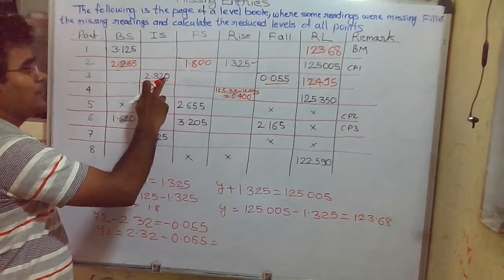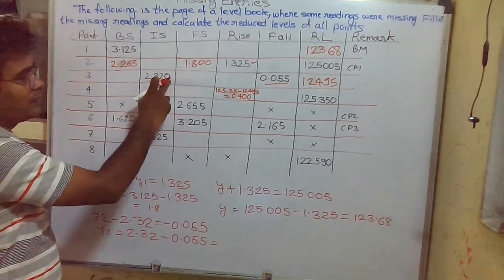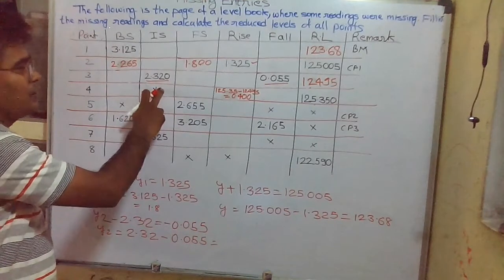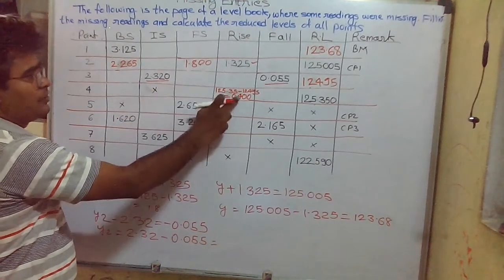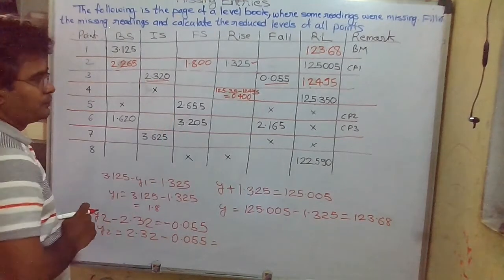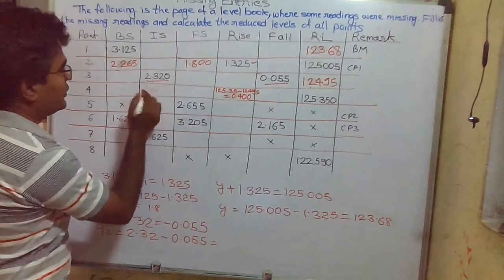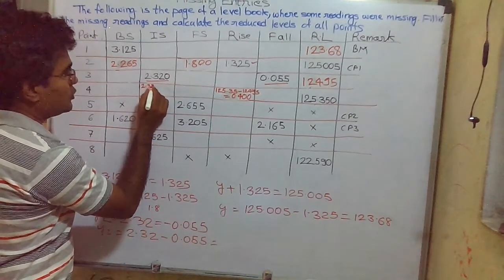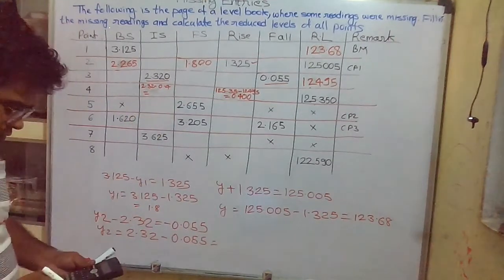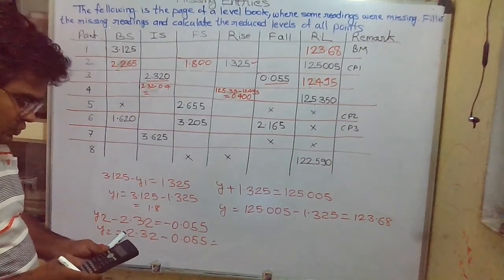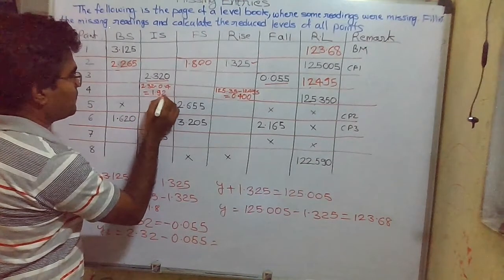Now we got the rise 0.400. How did we get it? By subtracting the next starting reading from the previous reading. To get this value, we have to subtract this 0.4 from this value. So this reading will come from 2.32 minus 0.4, and it's coming as 1.920.